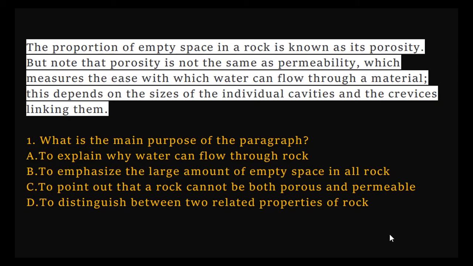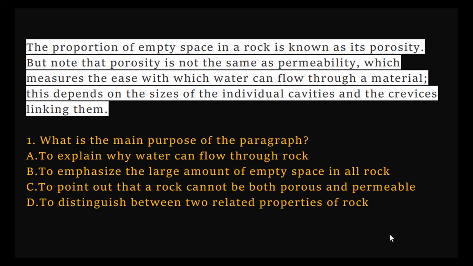This is the answer because if we notice, the first sentence is telling us the proportion of empty space in a rock is known as its porosity. So the author is trying to give us information about the definition of something, the porosity. It's the proportion of empty space, okay? And then he's trying to give us more detail about it.